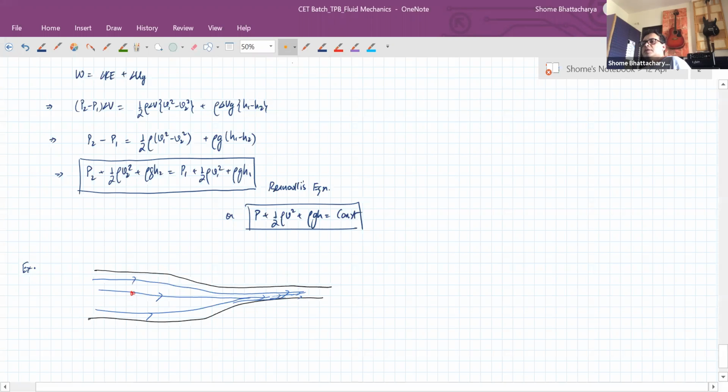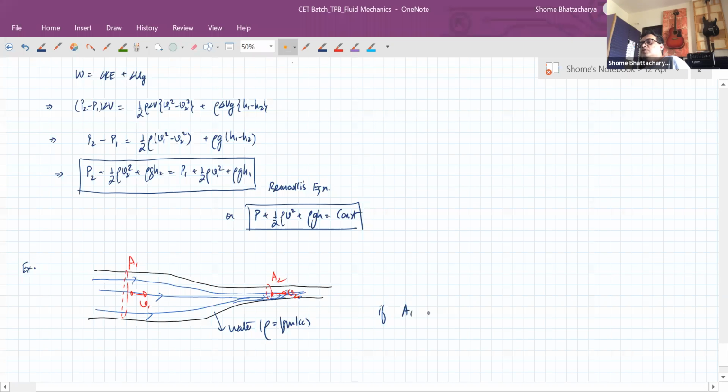At this point the velocity is v1, at this point the velocity is v2, at this point the area of cross section is A1, at this point the area of cross section is A2. This is water, which has density of 1 gram per cc.